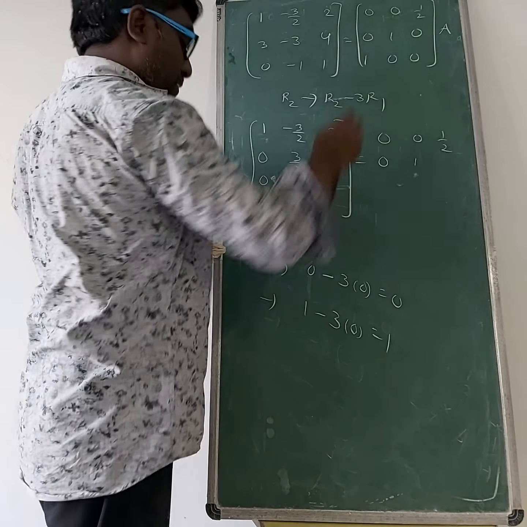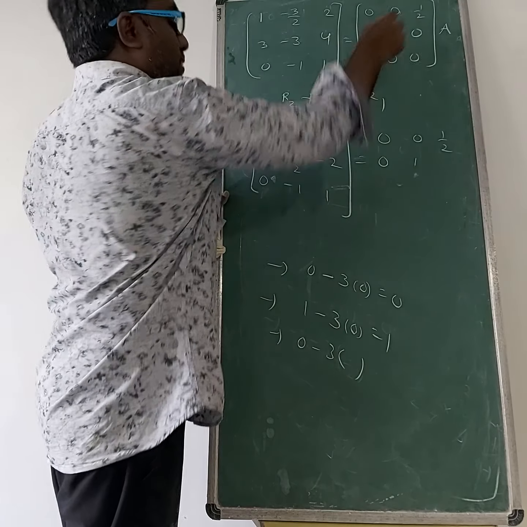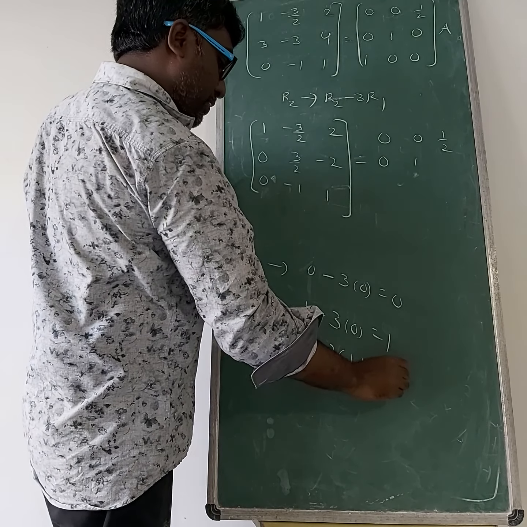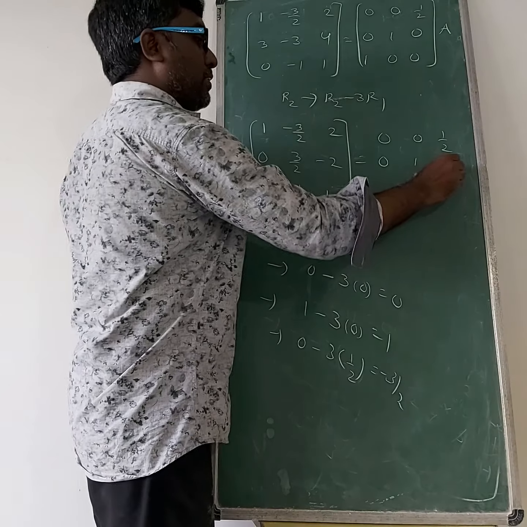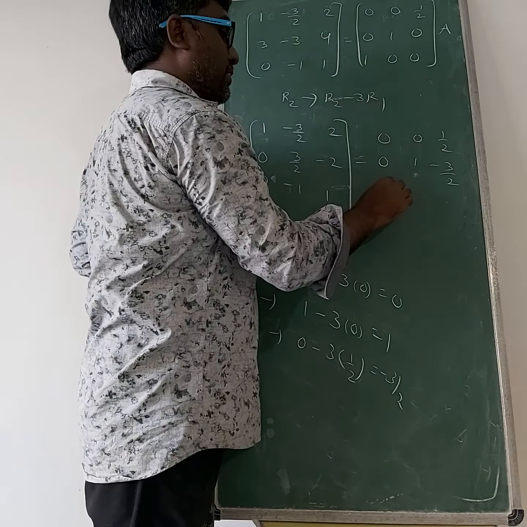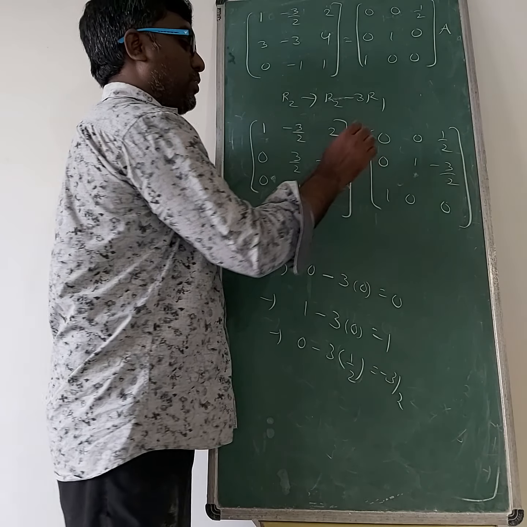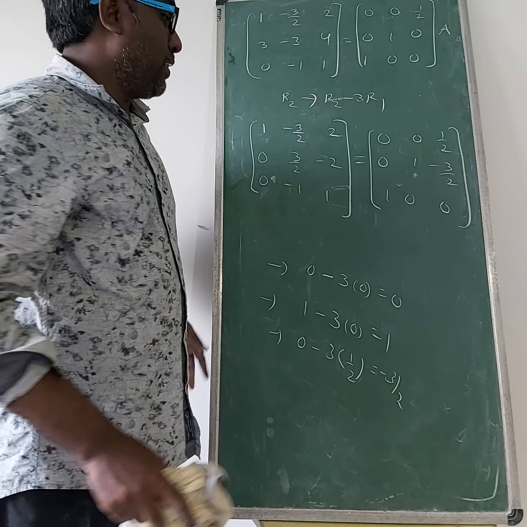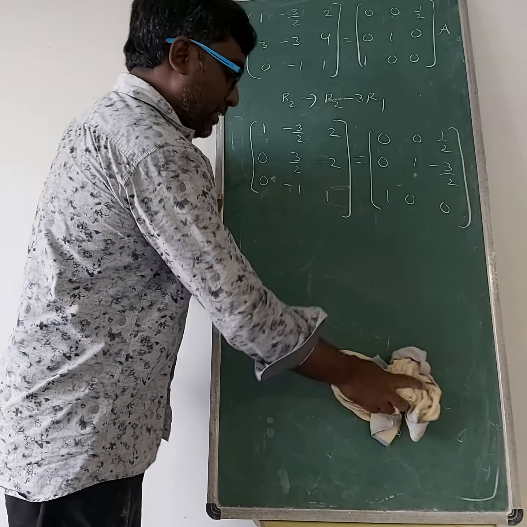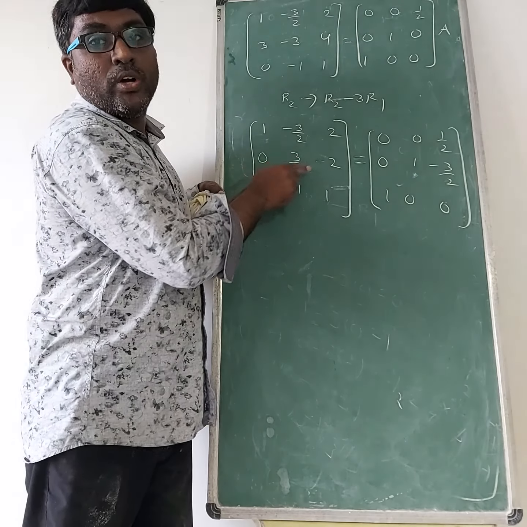Next, R2 value 0 minus 3 into R1 value 1 by 2, so this value is minus 3 by 2. This one as it is, 1 0 0.